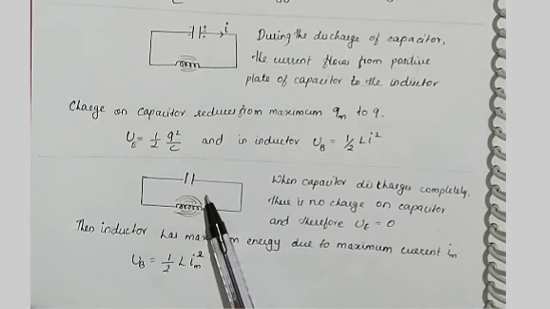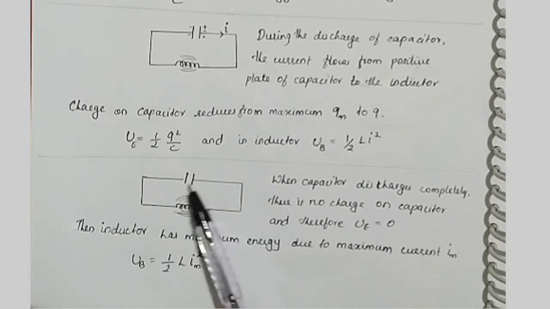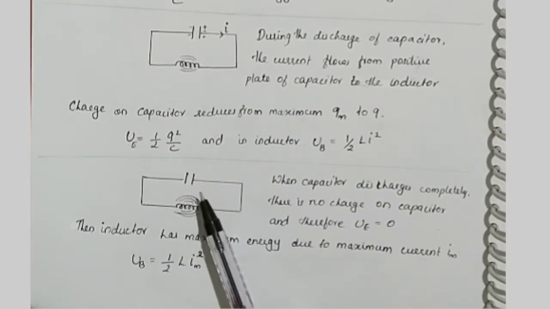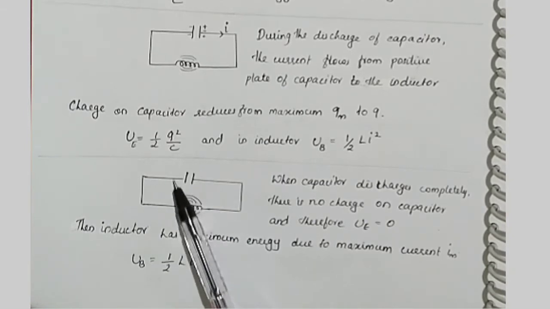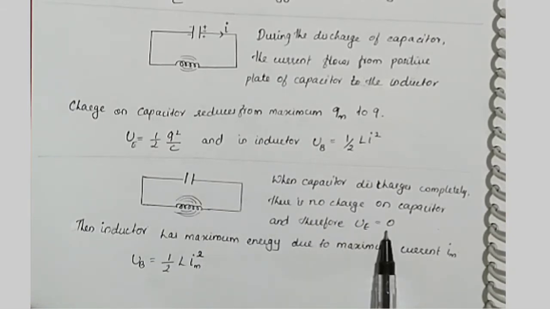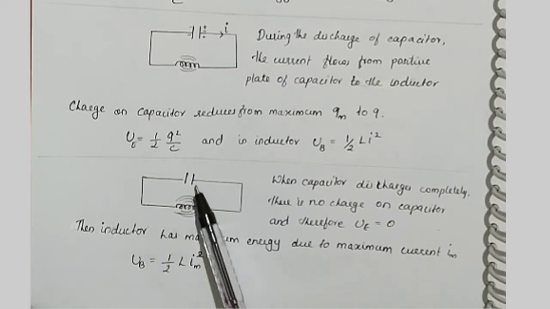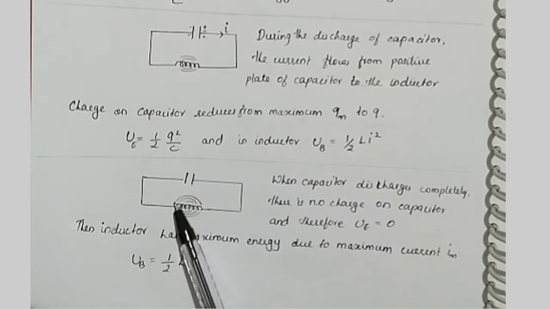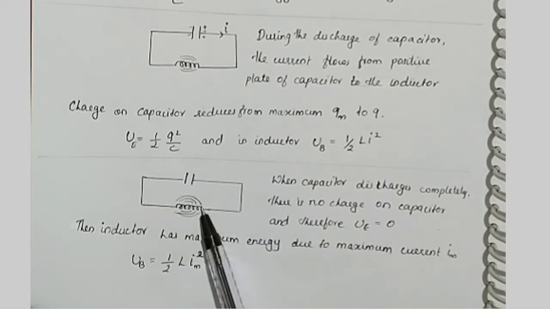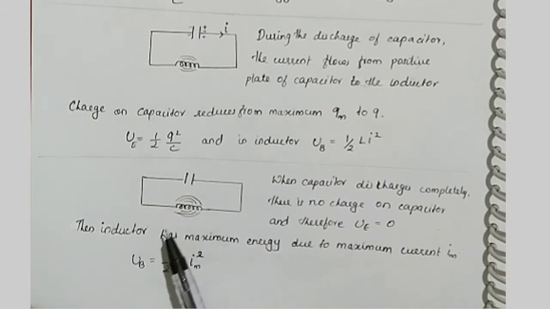Now when the capacitor is completely discharged, the charge in the capacitor becomes 0. Therefore, the electrical energy stored in the capacitor is 0 and maximum current is passed through the inductor at that time, and the current is Im here, and therefore the magnetic energy stored in the inductor becomes UB is equal to half L Im square, where Im is the maximum current.